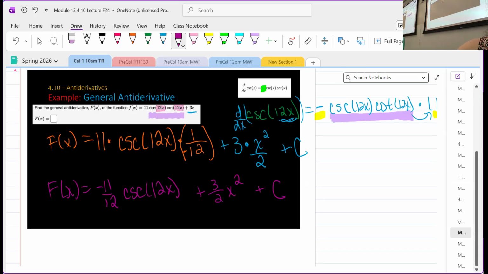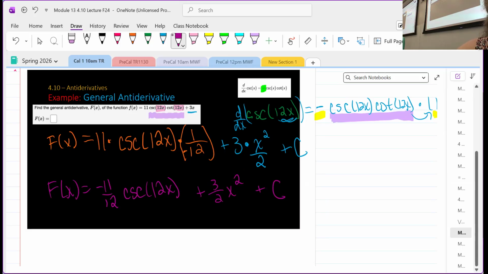And then if we checked it, our derivative would end up being negative, which would cancel the negative in front. We'd get a times 12, which would cancel the divide by 12. The derivative of x squared would be 2x, so the 2's would cancel. So we'll just have the 3 times x, and the derivative of the constant would be 0.